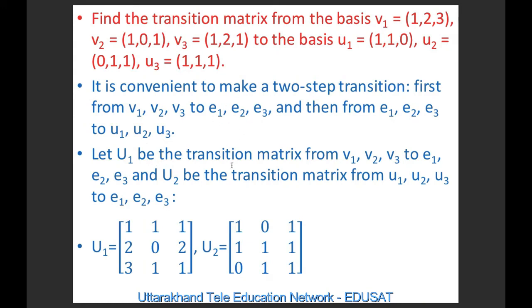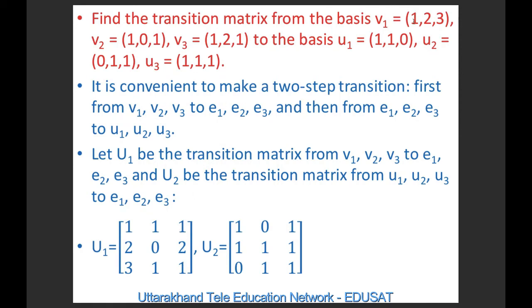Let U1 be the transition matrix from v1, v2, v3 to e1, e2, e3. Let U2 be the transition matrix from u1, u2, u3 to e1, e2, e3. So U1 is equal to 1, 2, 3, 1, 0, 1, 1, 2, 1.